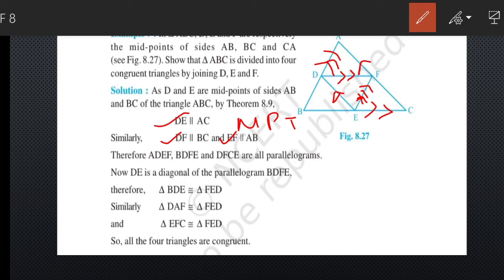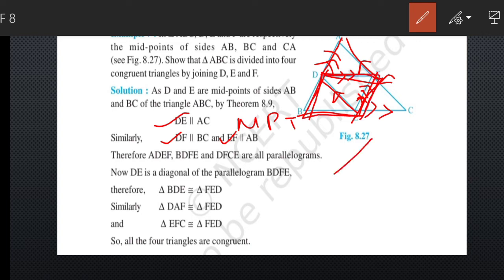Now we have ADEF as a parallelogram. If we consider the quadrilateral ADEF, this forms a parallelogram. Again, BDFE is also a parallelogram, and the third, DFEC, is also a parallelogram.